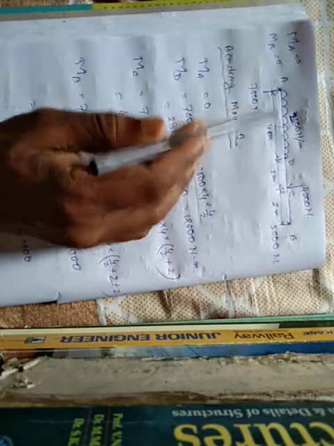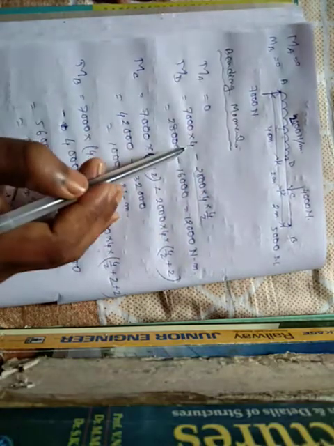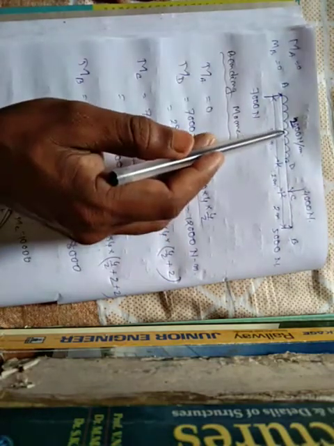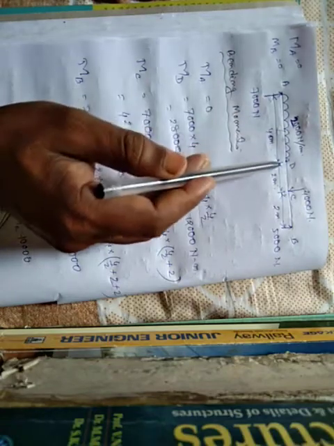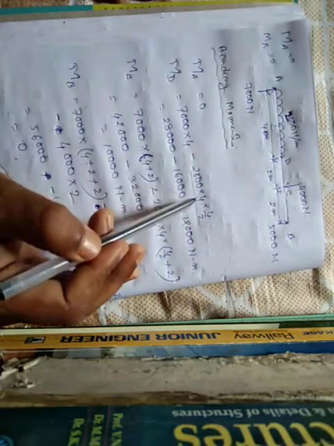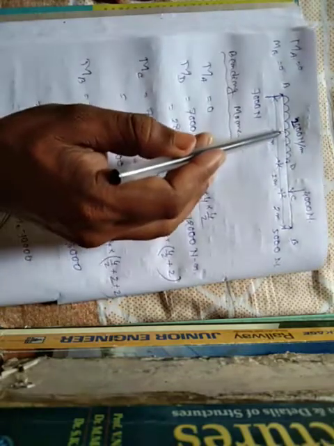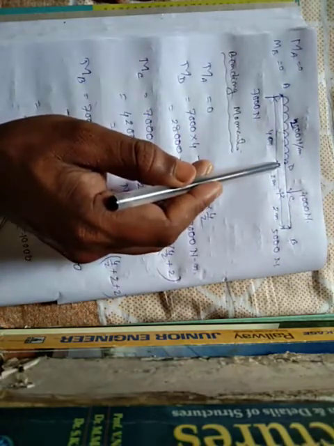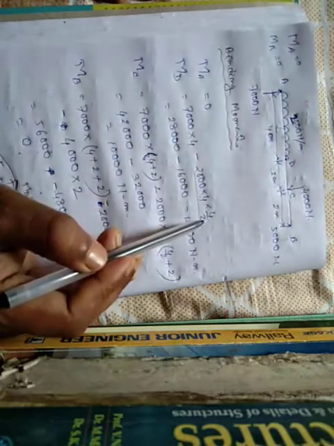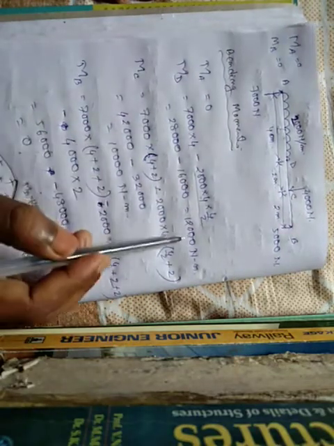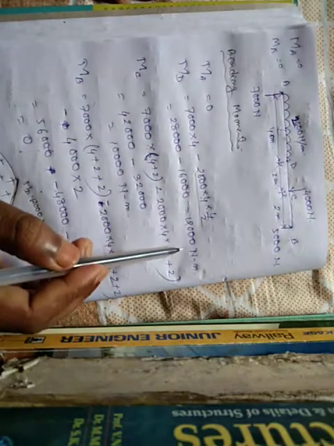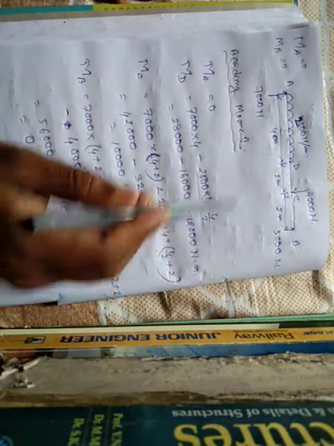So 7000 into 4 meter minus 2000 into 4, the load into the perpendicular distance from center to CG, which is 4 by 2. So the total bending moment at point D is 12,000 Newton meter, which is a parabolic curve.